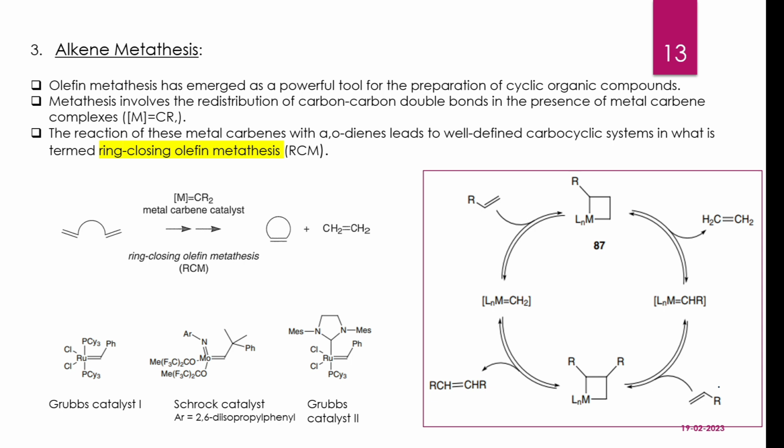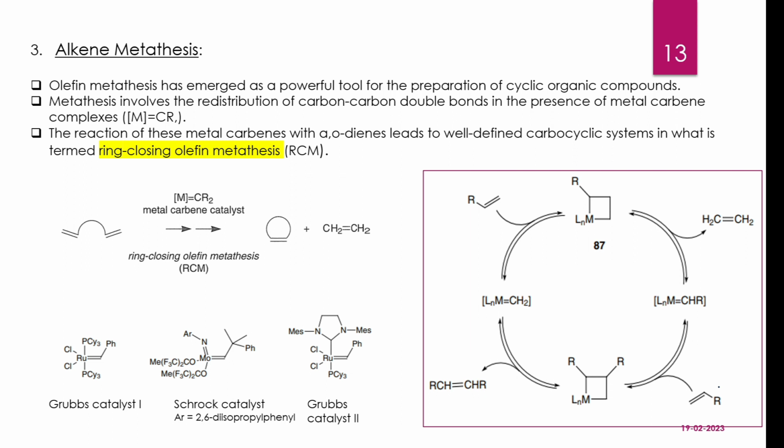Olefin metathesis has emerged as a powerful tool for the preparation of cyclic organic compounds. What is metathesis? There are two types: one is ring closing metathesis, one is ring opening metathesis.